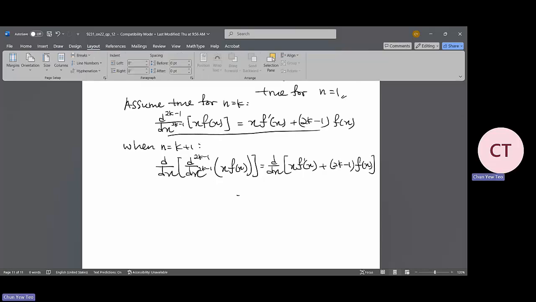From here, you keep the left, differentiate the right, plus keep the right, differentiate the left, plus the 2k minus 1 of f prime.